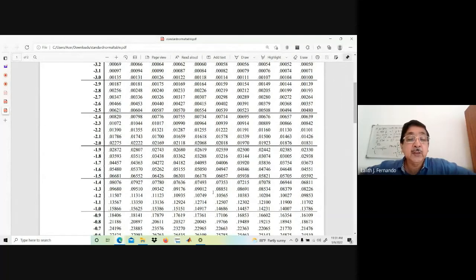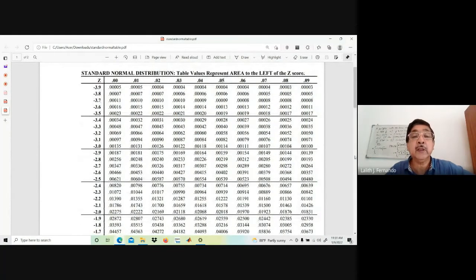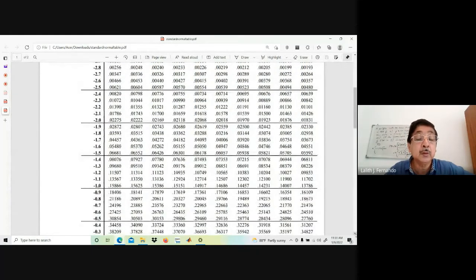Then it is, say, in the 0.03 column, I think. No, 0, 1, 2, 3, 4. 0.04 column, yes, that is minus 1.34. It is a little further because you have 0.00012 additional value here.